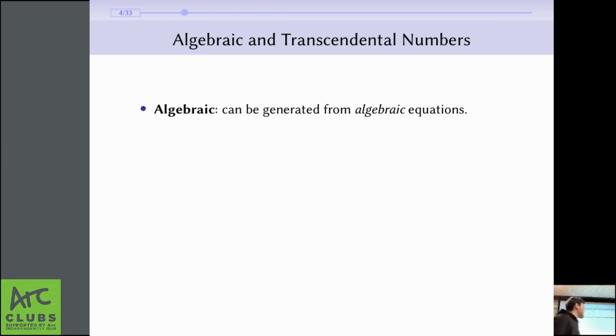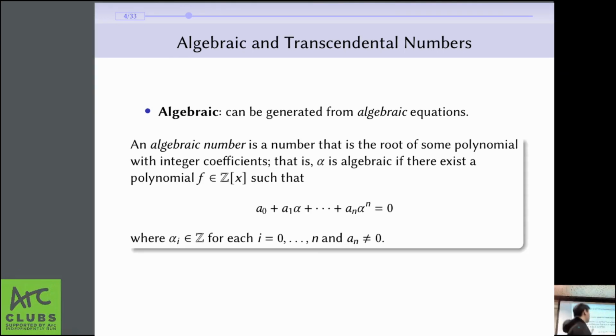When we say something is algebraic, what we really mean is that a number can be generated from what we call algebraic equations. Algebraic equations are really just polynomials that we are familiar with, polynomials that have integer coefficients, right? And so an algebraic number is just a number that is a root of some polynomial with integer coefficients.